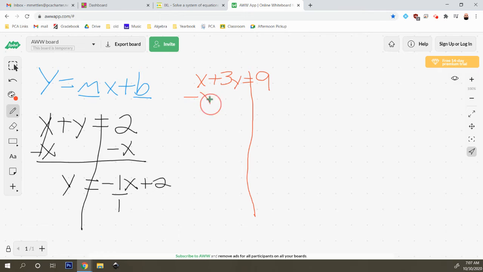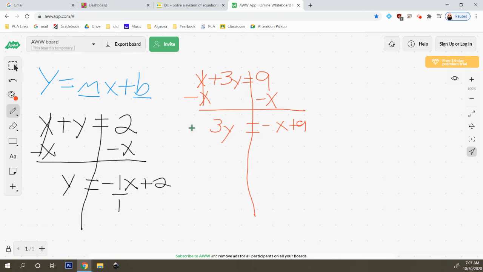To move it, I need to subtract it so that I can cancel it out. So x minus x makes nothing, leaves me with 3y. Now I have 9 minus x, but again, I want it in this order, mx plus b. So I'm going to write the x first, negative x. The 9 was positive, so I'm going to put plus 9.